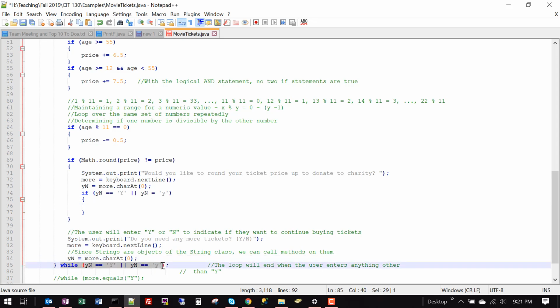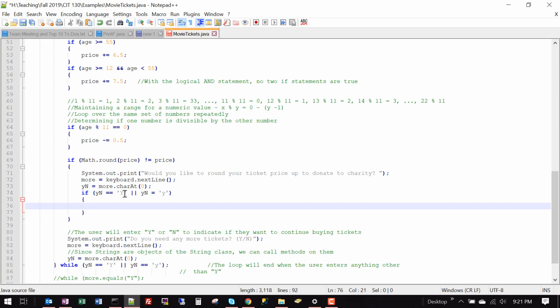The while will check at least once, but if it evaluates to true, it will loop back around and perform again and then check again. That's the difference between the if and the while, but they use the same logic structure. In this case, if it's an uppercase y or if it's a lowercase y, we're going to do something.